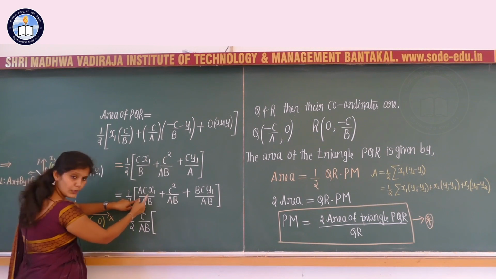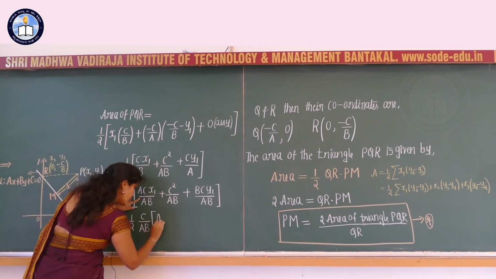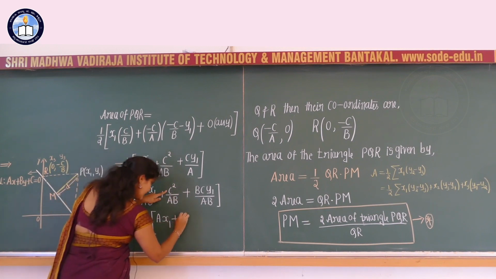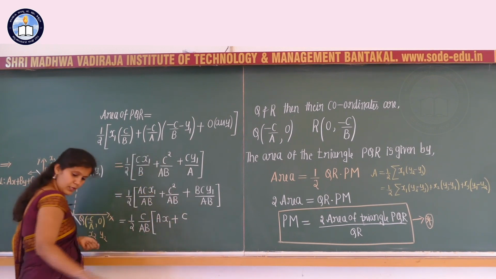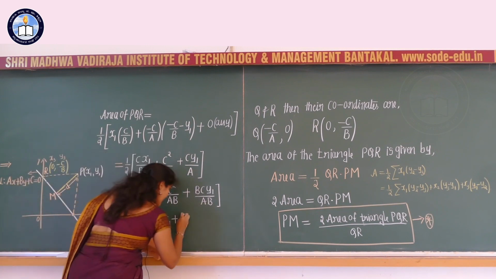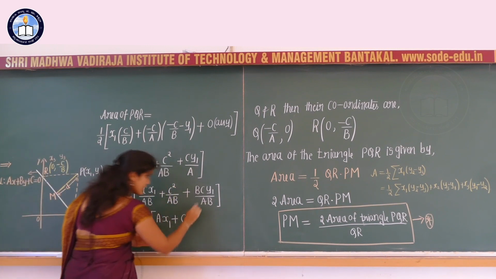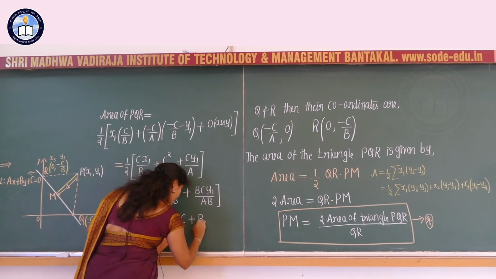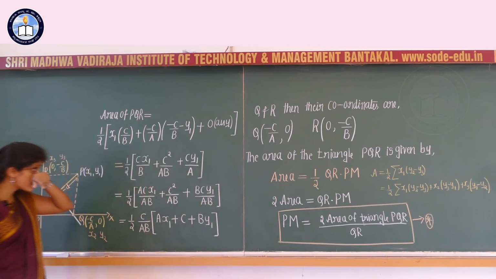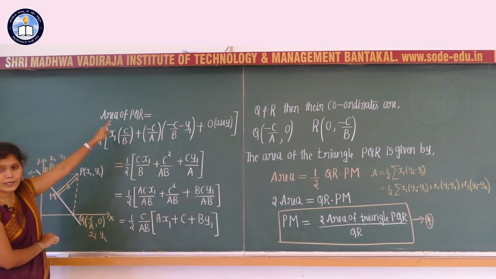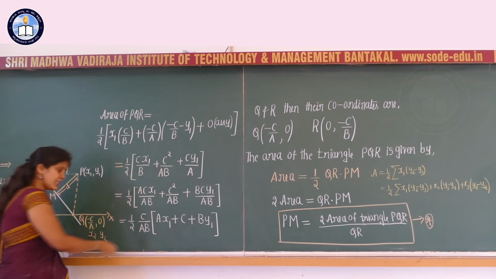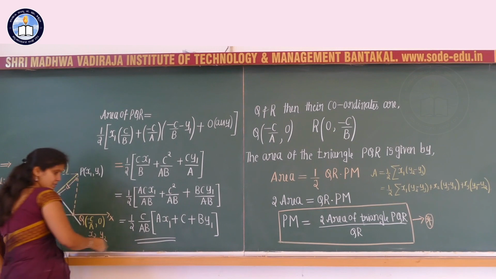Now c is taken outside, ab outside, a into x1 remains, plus c, that is the constant c divided by ab taken outside. So therefore we are remaining with b into y1, and this is nothing but our area of the triangle PQR.